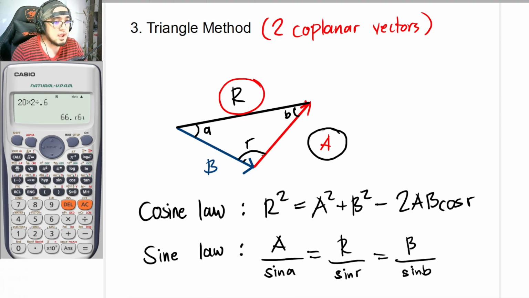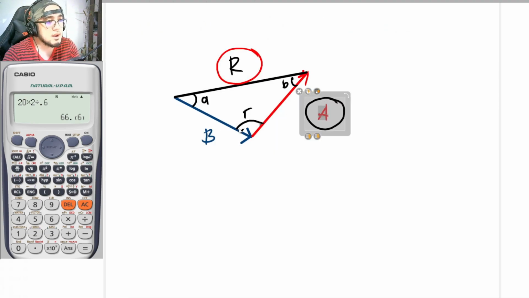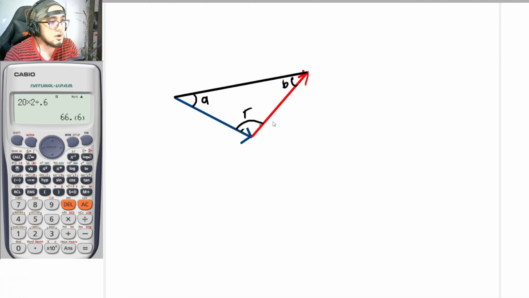Take note guys that this is only true if this is to be my nomenclature. Kasi yung iba, ang ginagawa nila, yung mga nasa labas, yun yung mga small letters. So baka malito kasi kayo dun guys.